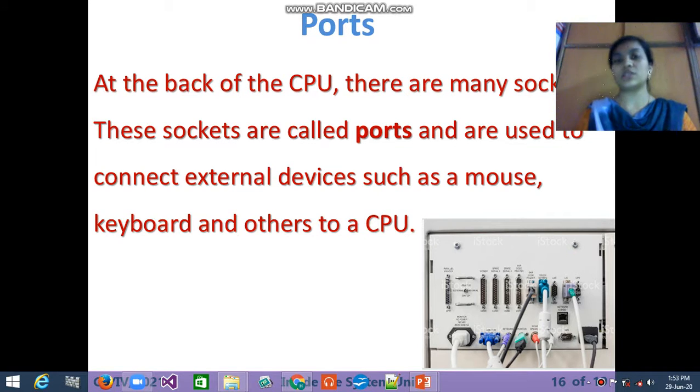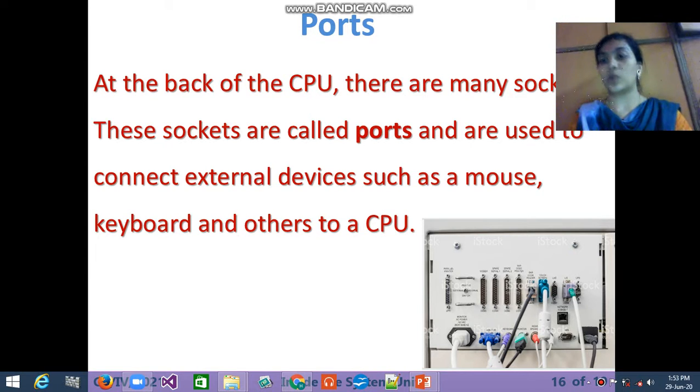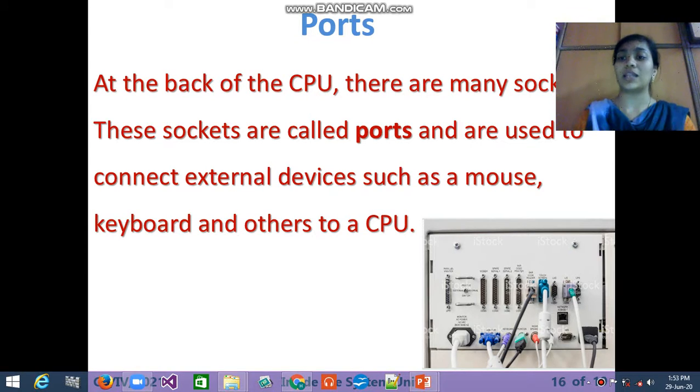Okay, so just remember when someone asks you orally, what are the ports, just tell them ports are a type of connection of the CPU to the other devices.